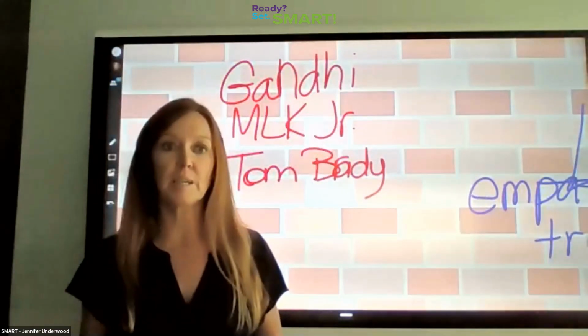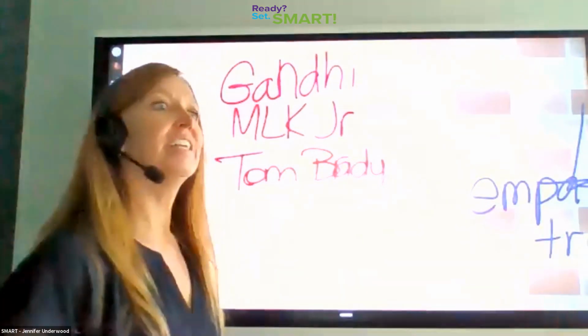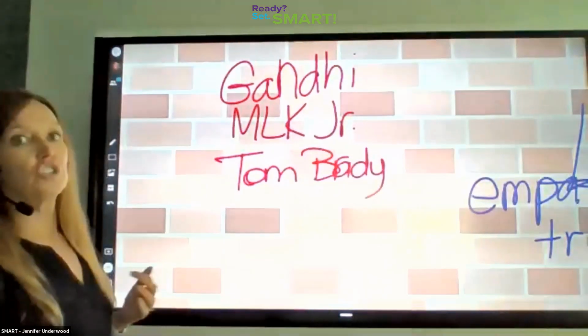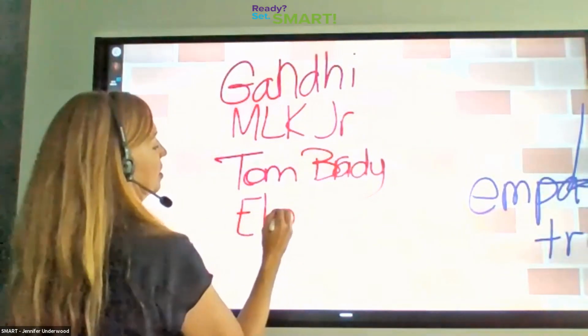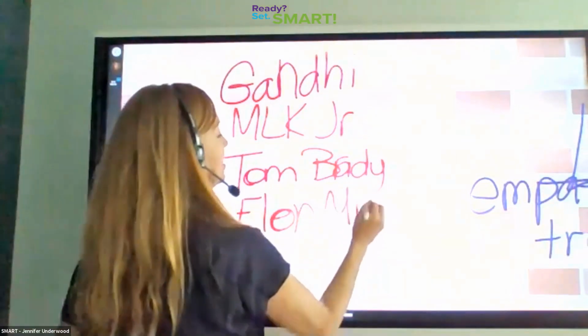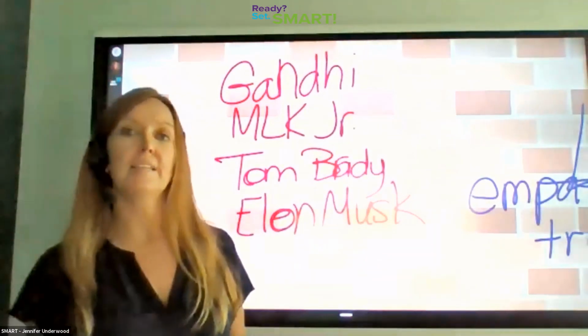Think about the different teams. If you are into sports ball, think of the different teams that he has led and been able to encourage to move forward. Even, I'm going to spell it wrong. Here we go. Elon Musk, like a variety of historic and present day leaders, right?